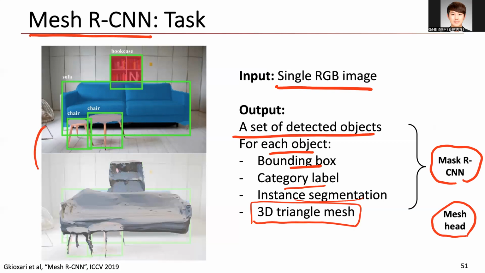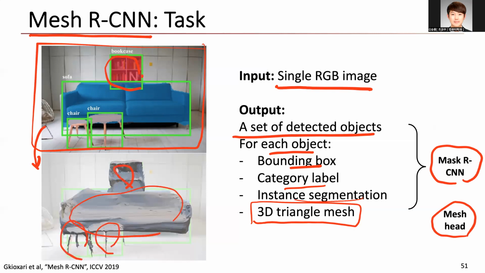So this is the output of the mesh RCNN. Given a single image like this, we can estimate not only object information, 2D information, but also 3D mesh information for each object like this. This is mesh RCNN.